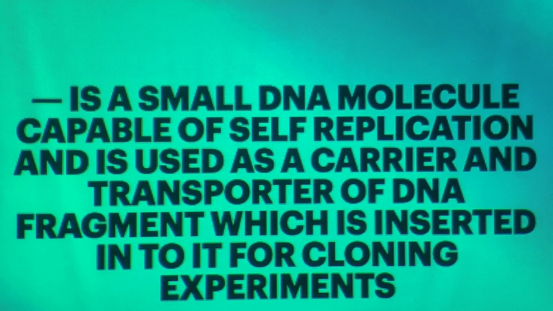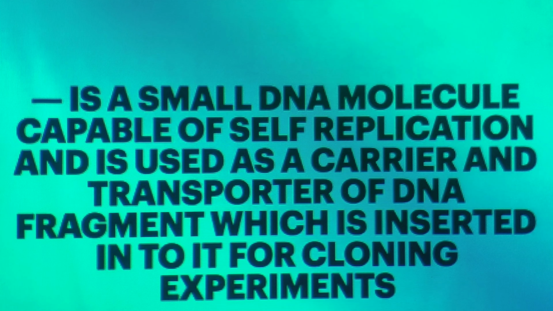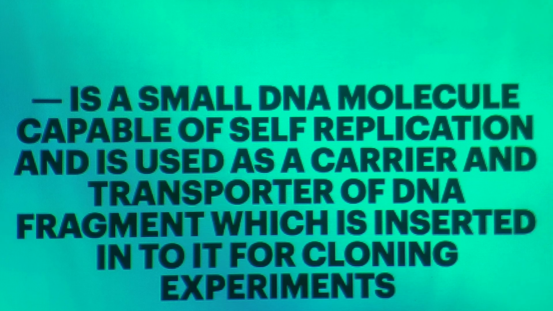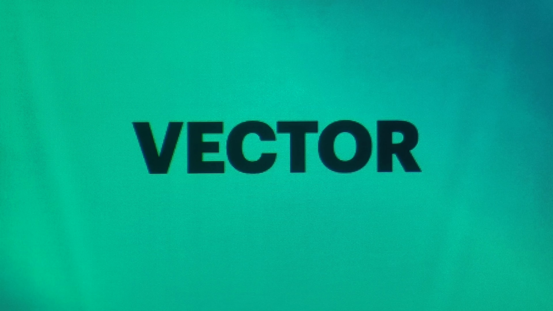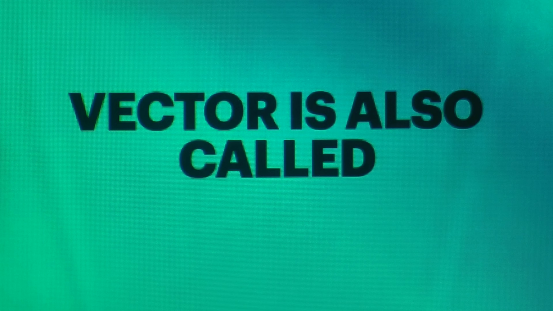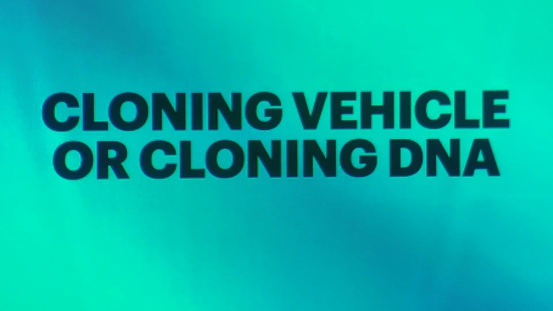Dash is a small DNA molecule capable of self-replication and is used as a carrier and transporter of DNA fragment, which is inserted into it for cloning experiments. Vector. Vector is also called cloning vehicle or cloning DNA.